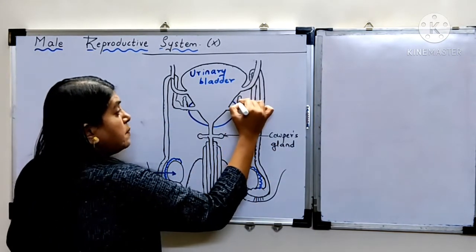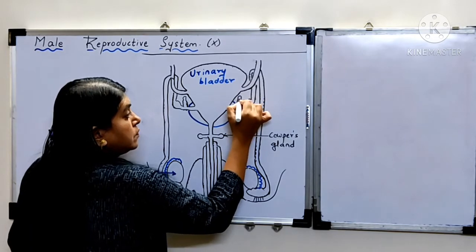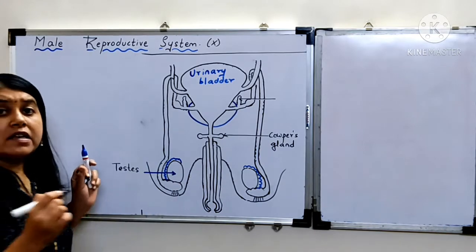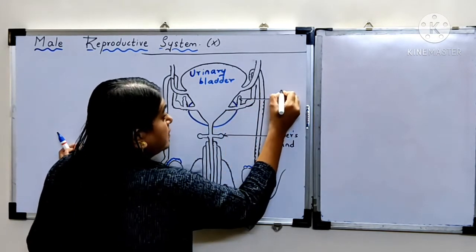Then this part which we have shown, just look at the figure, it is called the seminal vesicle.